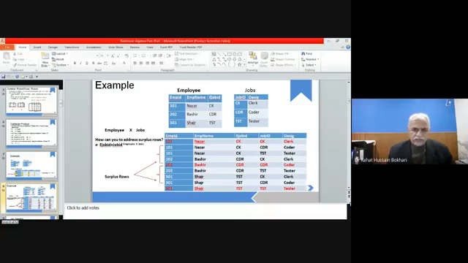So surely the resultant table that we get after the cross product of employee and jobs should have 5 attributes: the 3 attributes from the first relation and 2 attributes from the second. This is the m plus n we have already discussed with you. Further, there are 3 rows in the employee table and 3 rows in the jobs table. So surely we will get 9 rows within the resultant table.